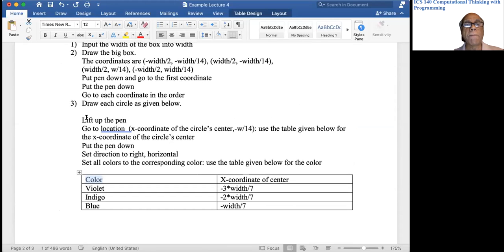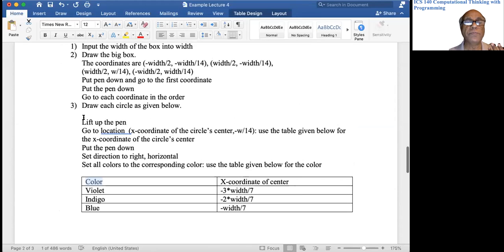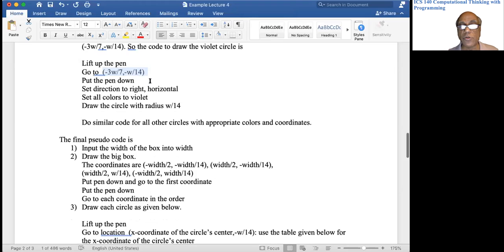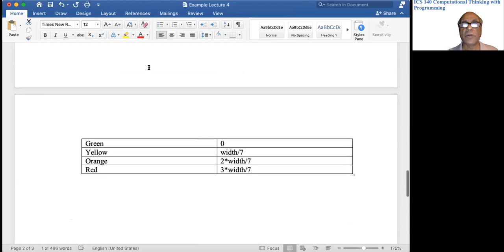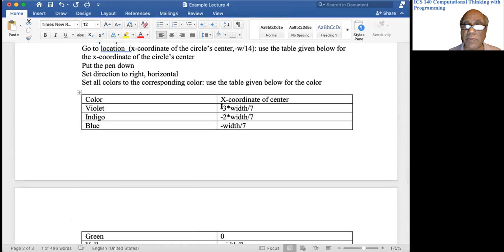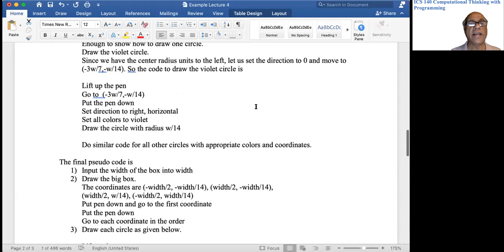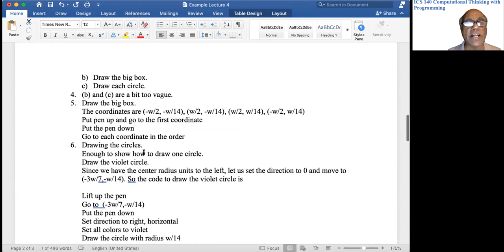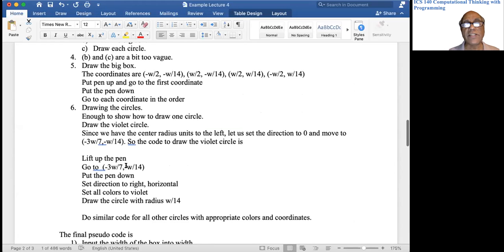I will set the direction to right, horizontal, as I showed in that whiteboard. For the first one, I will set the color to violet, and I will be here. Negative 3W divided by 7, because the X has to be at minus 3W divided by 7, which is here. And the Y coordinate of where I go would be at minus W divided by 14.